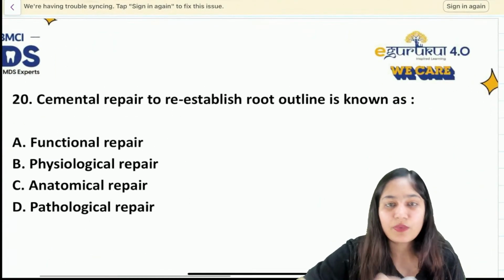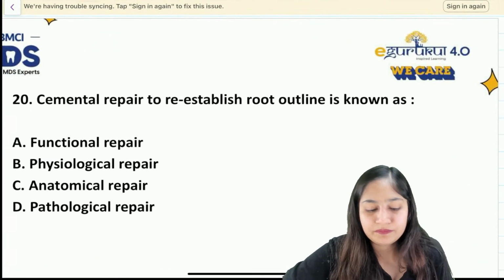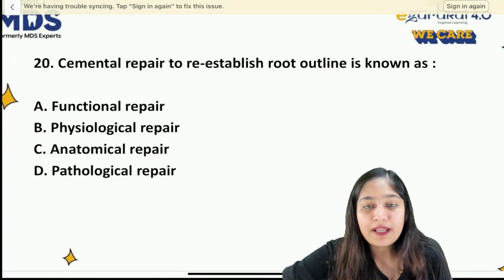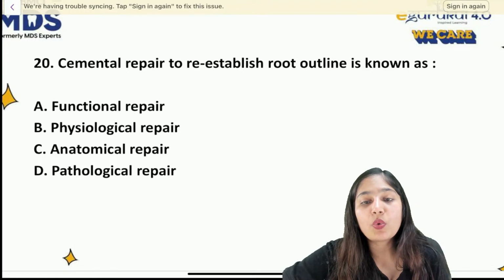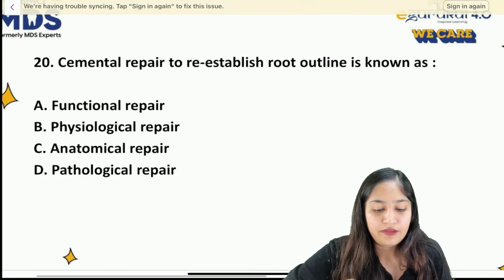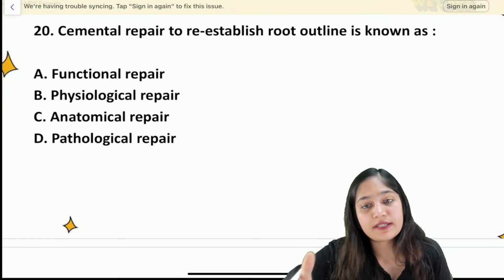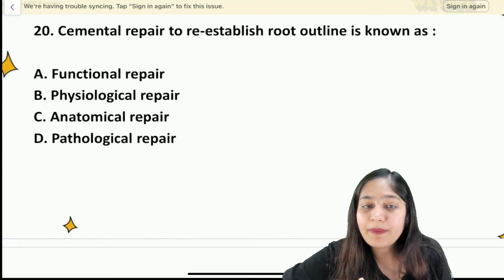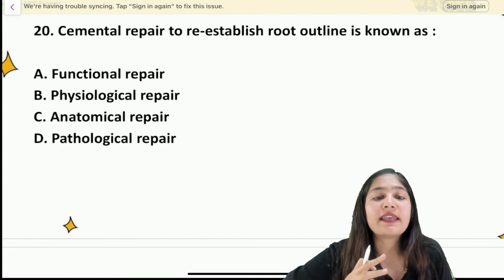Coming to our next and last question. Cemental repair to re-establish the root outline is known as. It was asked in a recent NEET. Is it functional repair? Is it physiological repair? Is it anatomical repair?